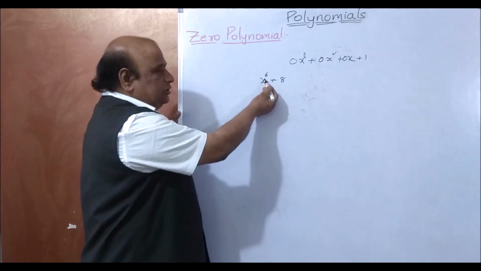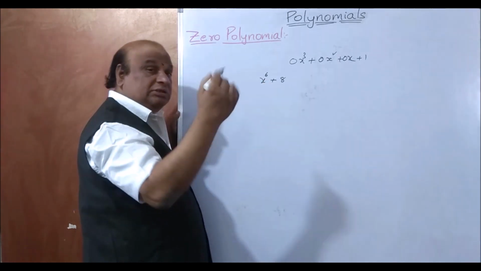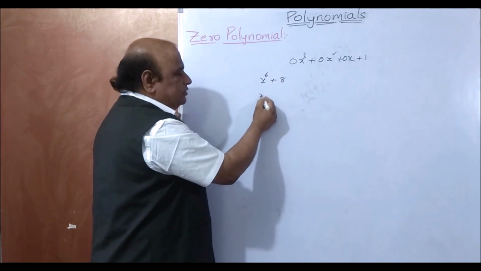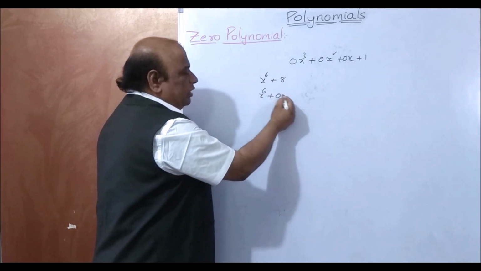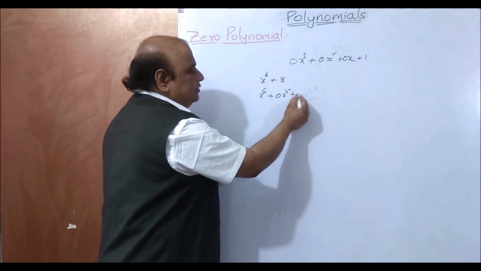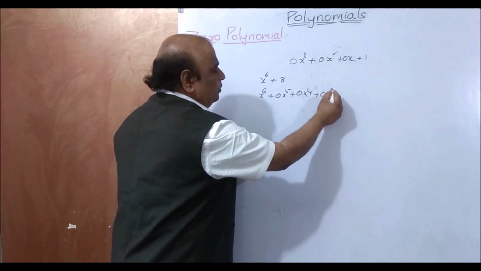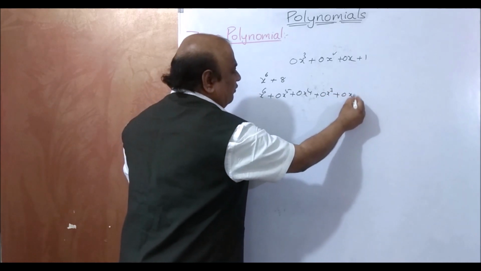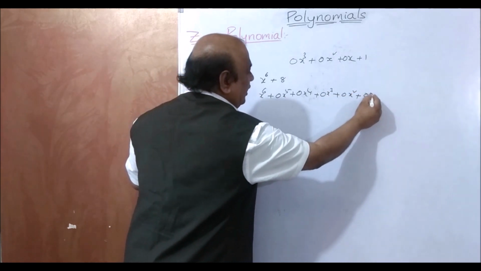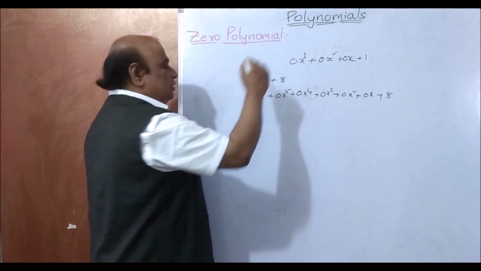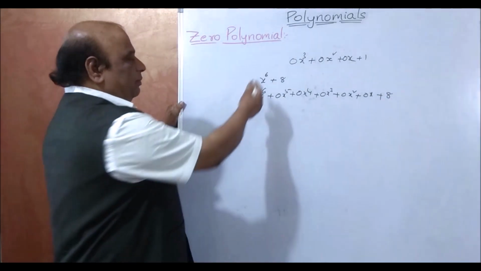Actually, a sixth power polynomial has 7 terms. Here the remaining are all zeros: x power 6 plus 0x power 5 plus 0x power 4 plus 0x cube, 0x square, 0x plus 8. That is the correct form of this polynomial.